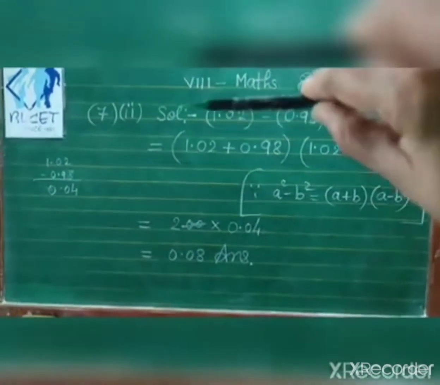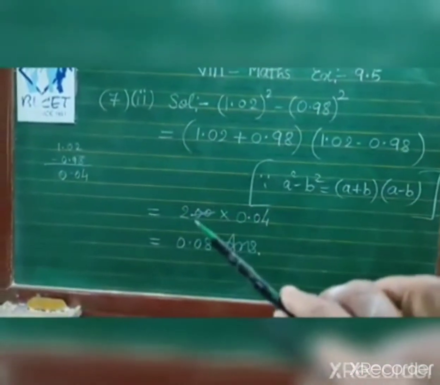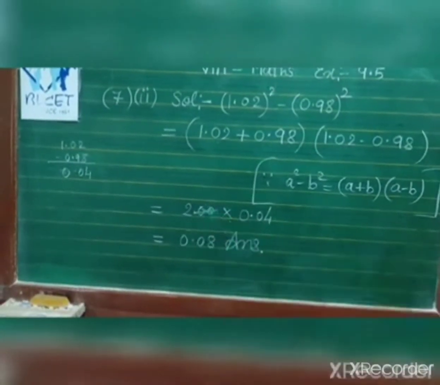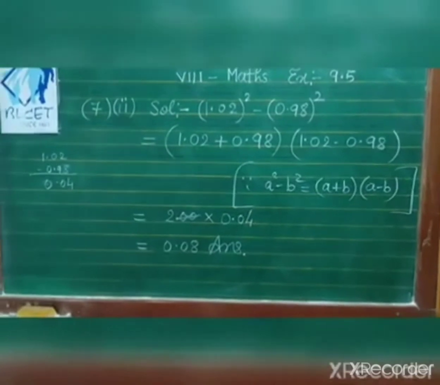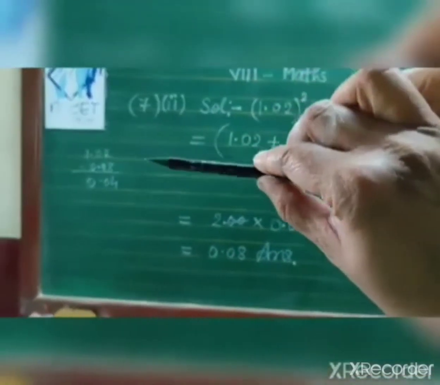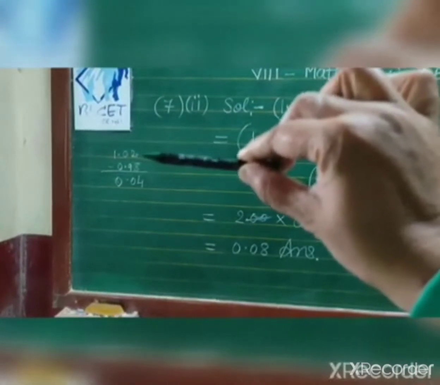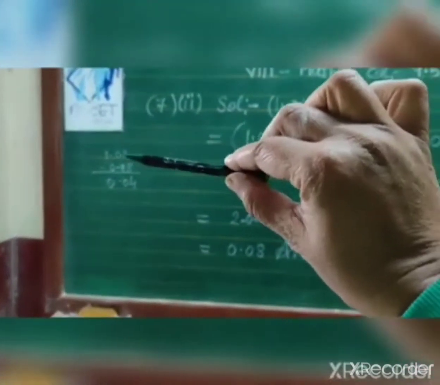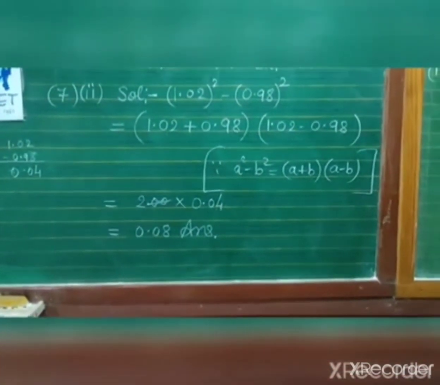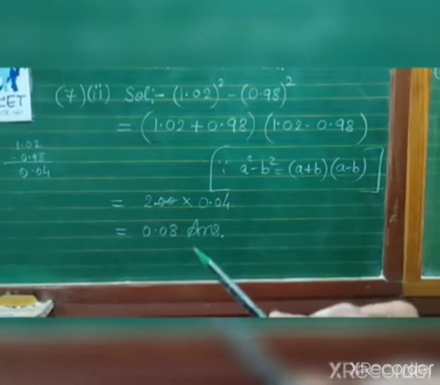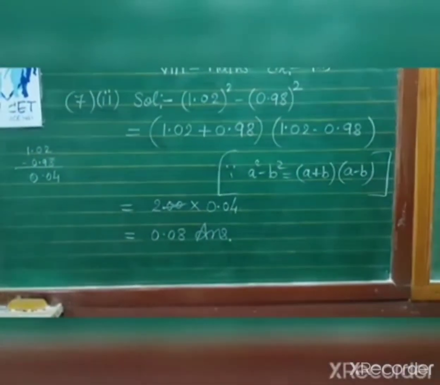Before 2 digits you will put a decimal. So 2.00, and these 2 zeros you can cancel. Same way 1.02 minus 0.98: 12 minus 8 is 4, 9 minus 9 is 0, 0 minus 0 is 0. So 2 into 0.04, that means 2 4s are 8, and before 2 digits you will put a decimal. So 0.08 will be the answer.